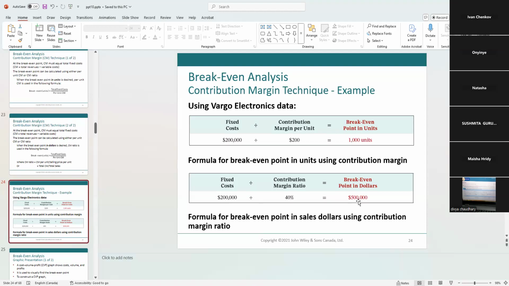If I have to express it by the total sales, I know the contribution margin which I need to cover my fixed cost, and I know that only 40% of the sales are that contribution margin. The question is, how much are my sales? When I apply 40%, I'm going to get $200,000. Well, your sales should be $500,000.